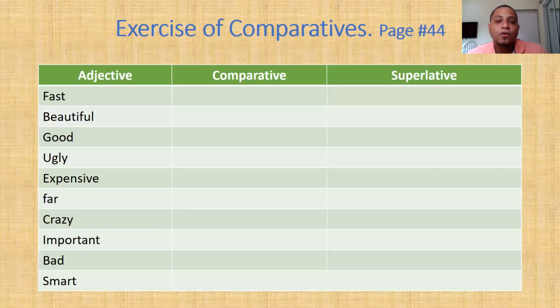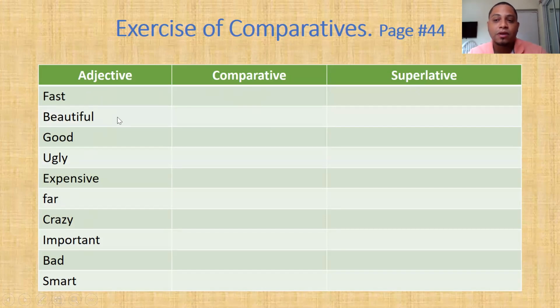Now, I know that you already watched the video, so I have a short comparative chart, in which I have given you the adjectives. Look, these are adjectives that you have in here. So you will have to write the comparative form of the adjective and the superlative form of the adjective.